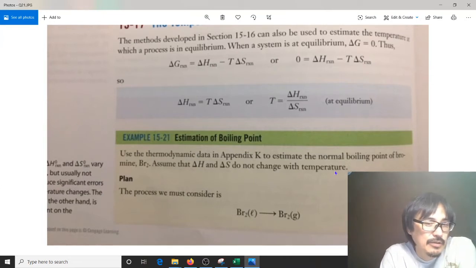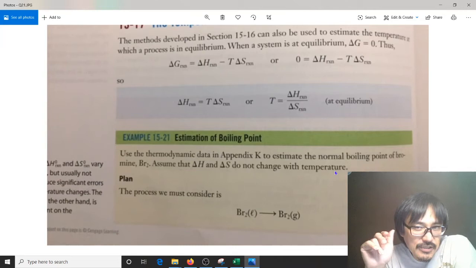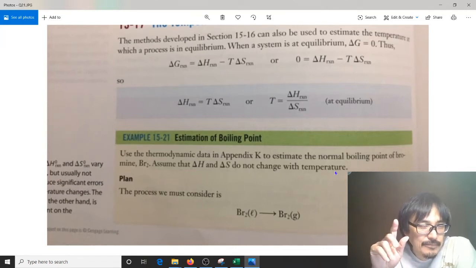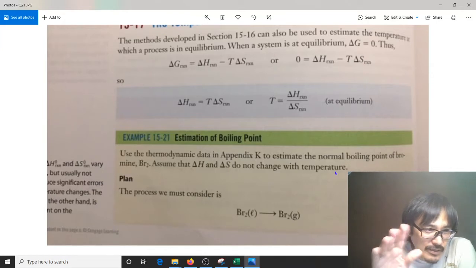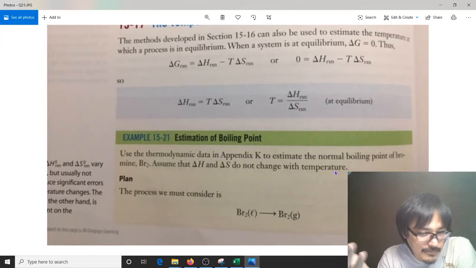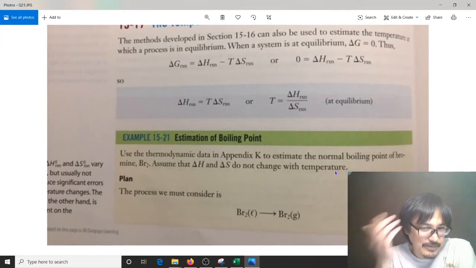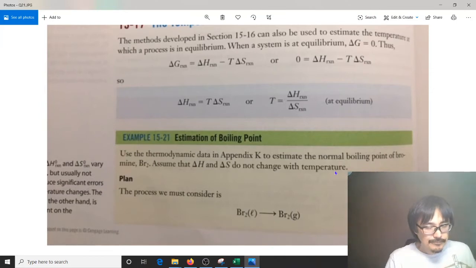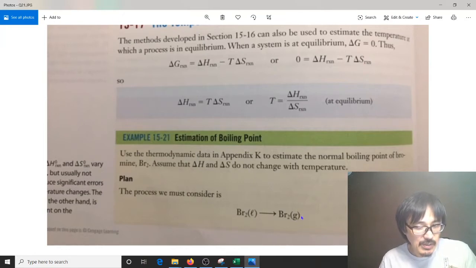At the boiling point, the liquid and the gas can coexist, at equal probabilities. At the boiling point, bromine could be liquid or gas. That means that the delta G has to be the same for the liquid and gas.